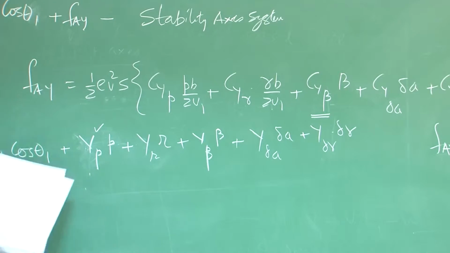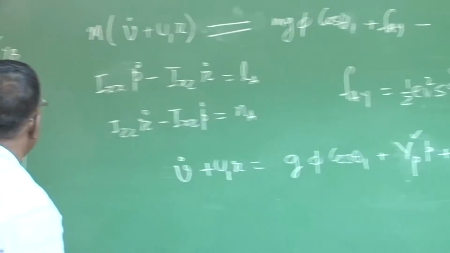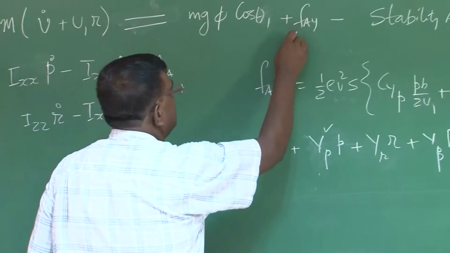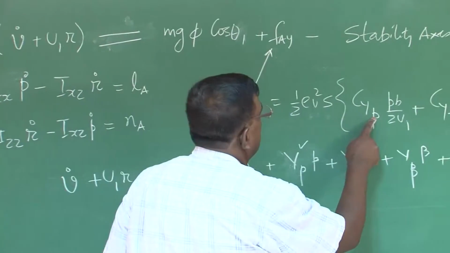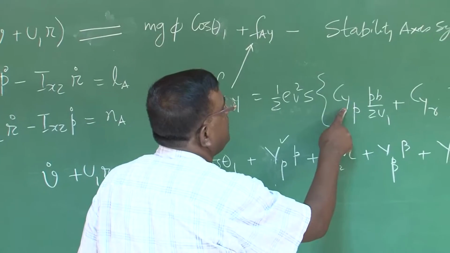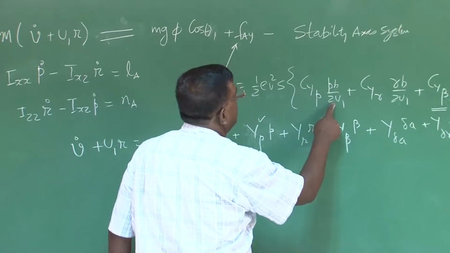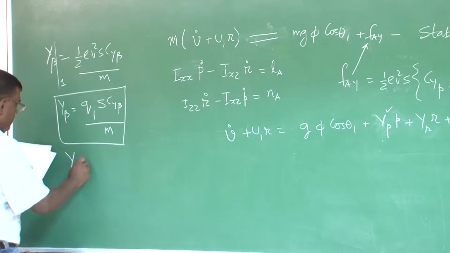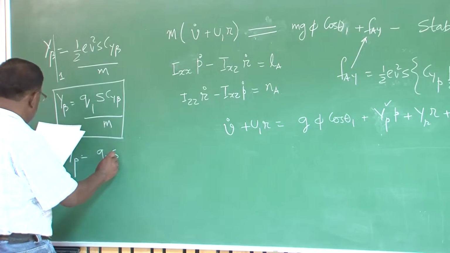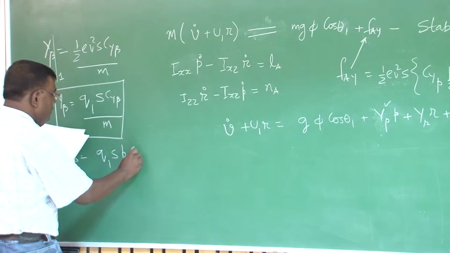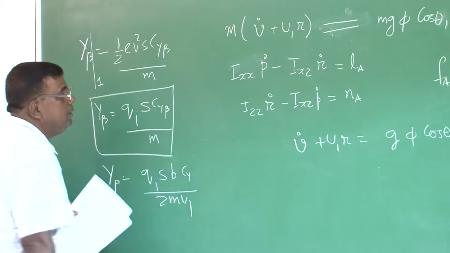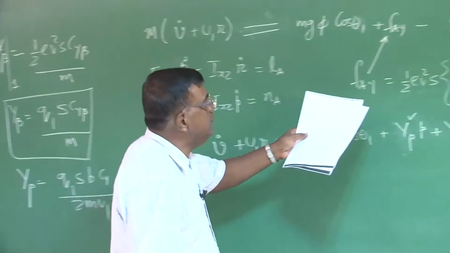Similarly, if you want to check what will be the expression for YP, it is very simple. We are actually putting this expression here. So P is here, this is half rho V square S CYP into b by 2U1 divided by M. So YP will be Q1 S b CYP by 2M U1. Isn't it? Check yourself here.